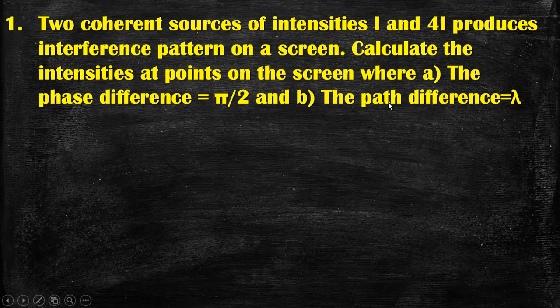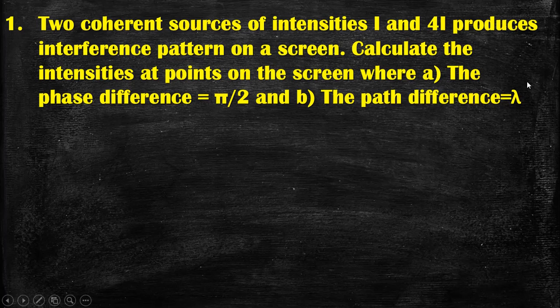As I told in the video classes, you must know the relation between phase difference and path difference, how to convert a path difference into phase difference, and a phase difference into path difference. It is not really a difficult part, very simple. One complete cycle is equivalent to the wavelength of a wave, lambda.